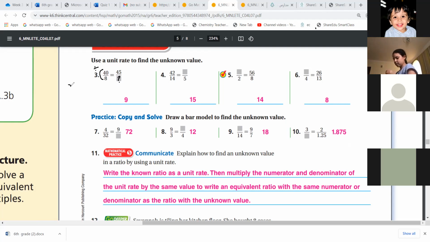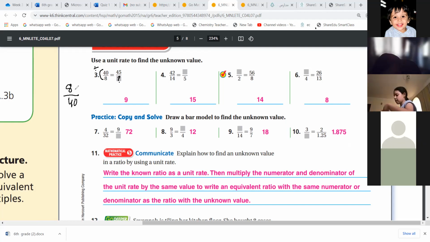So you divide 8 over 40, and whatever answer you get, you multiply with 45. So when I divide this 8 and 40, 8 times 1 and 8 times 5, I get 1 over 5. That I multiply to 45. That is 45 over 9. My answer is 5.